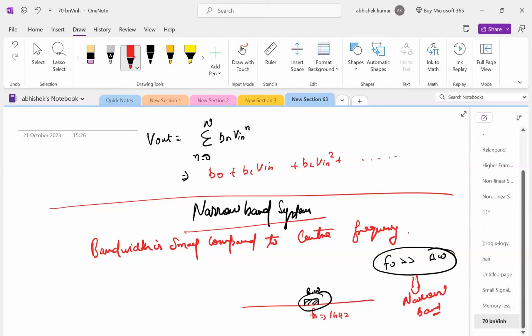But if you study the narrowband system, only the desired frequency will reach the output, and other frequencies will not. That's why we are concentrating on the narrowband system. The narrowband system is very important, as we are using this system in our wireless communication.